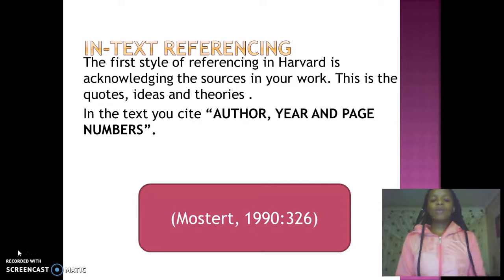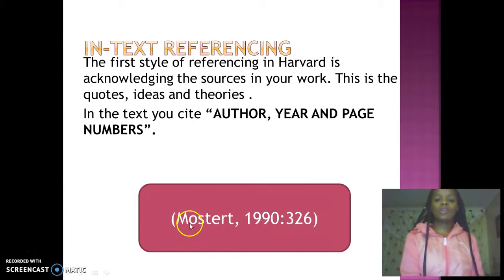Like the example below, where we have used Mozart, who is the author, 1990, this is the year, and 326 is the page number. So this is the sequence, but it differs based on how you write your text.